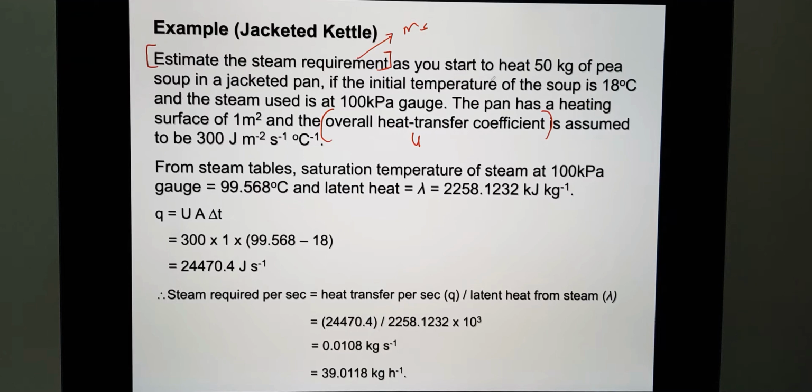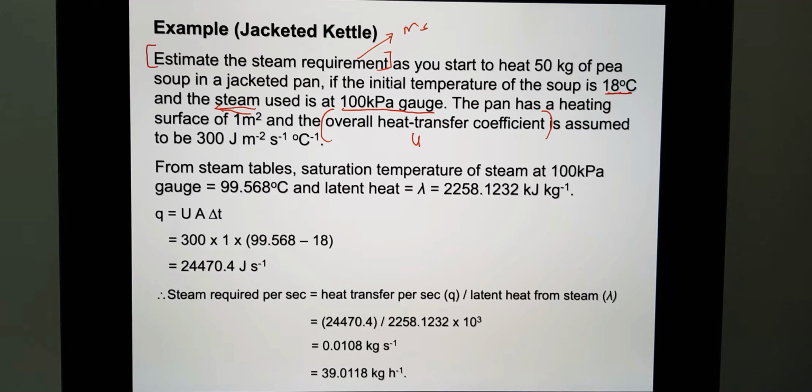From this problem statement, the initial temperature of the pea soup is 18 degrees Celsius, but the final temperature we do not know. So you need to find the final temperature of the soup given that the steam is at a pressure of 100 kilopascal gauge.